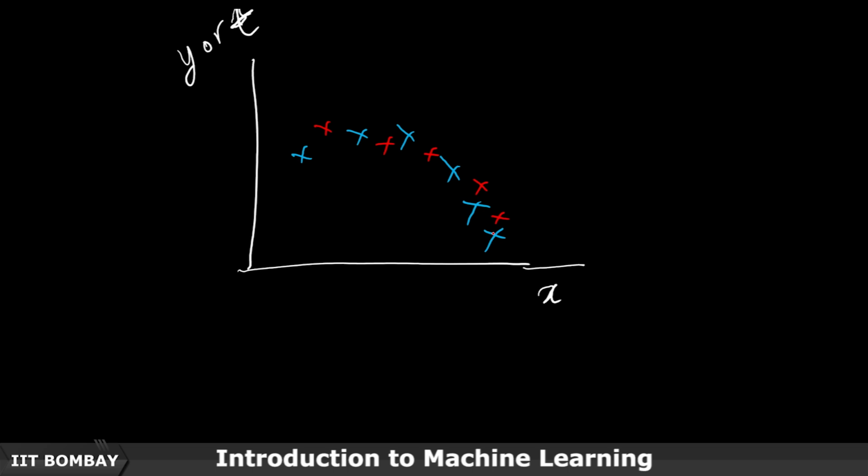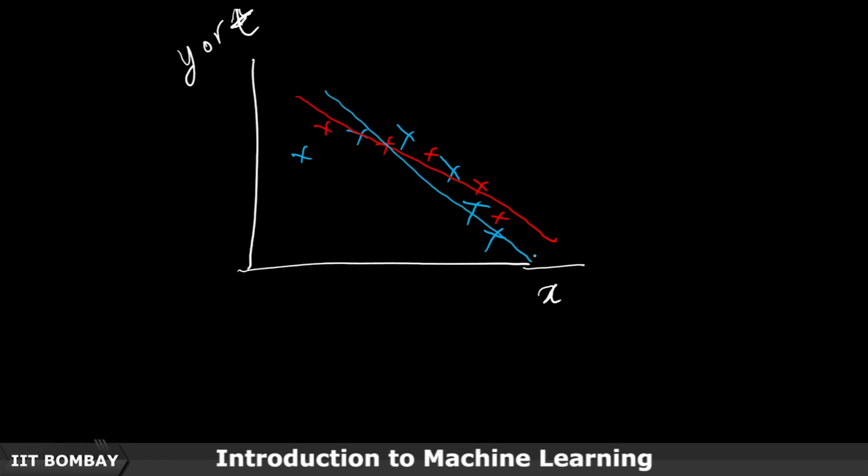Now for these two different samples, first I will try to fit a line. If I try to fit a line on the red points, it might come out like this, and if I try to fit a line on the blue points, it might come out slightly like this.